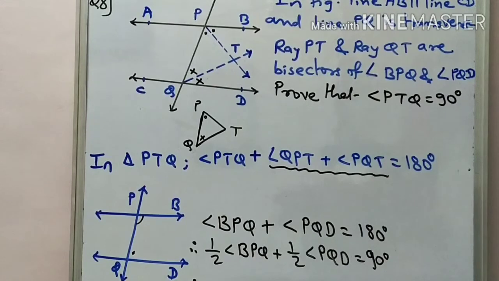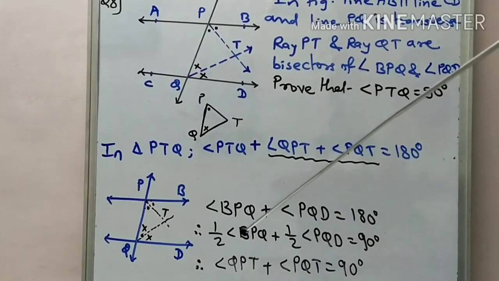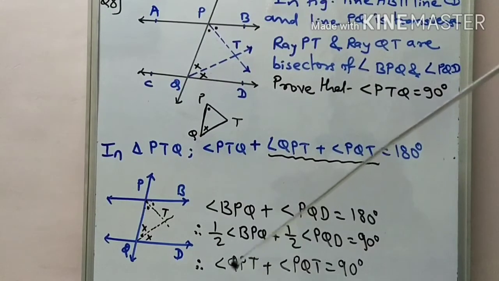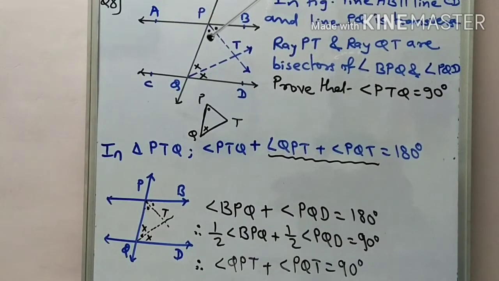So we get half of angle BPQ. BPQ has these two parts, angle BPT and angle QPT, and both are half of BPQ, means half of BPQ is nothing but angle QPT. Similarly, half of PQD: here we have two equal parts of PQD and each part is half of PQD, means angle PQT is half of PQD, and instead of half of PQD we write angle PQT.